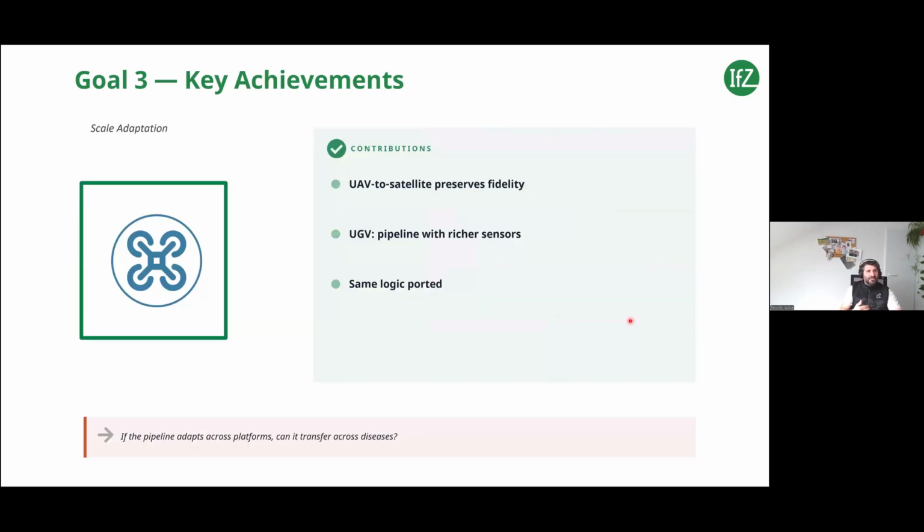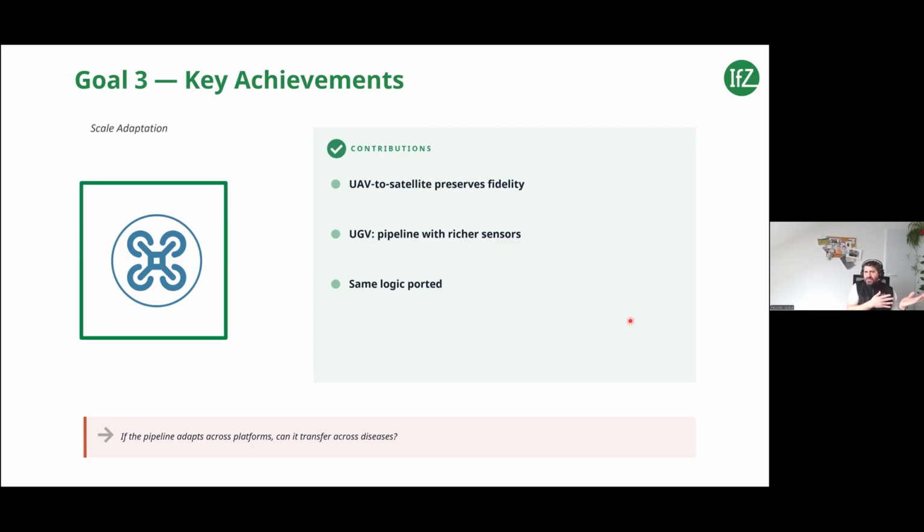But the thing here is that we got to preserve the structural fidelity. We tried to use the extent of our sensors, and the adaptation was possible, of course, with some changes. But there are two boundaries here.